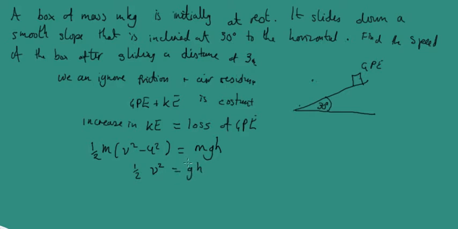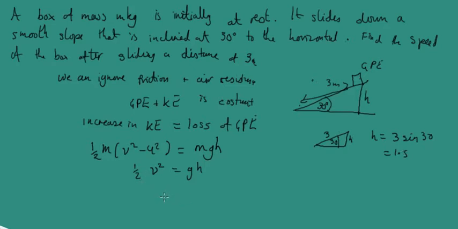Now what is h? So let's think about the height. It goes down 3 meters. So we can use the sine of 30, which is h over the hypotenuse, so h will be 3 sine 30, so h is going to be 1.5.